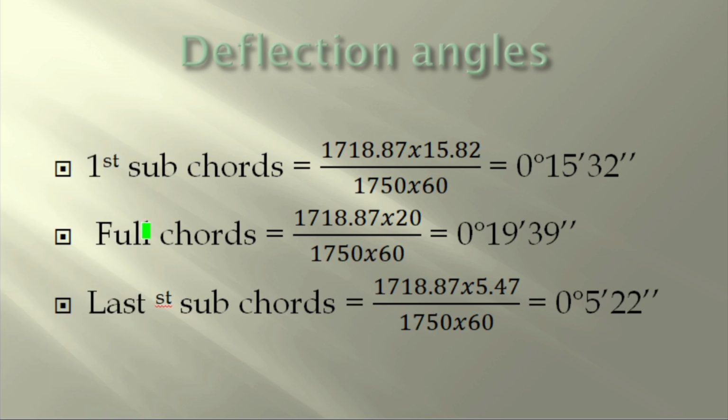The deflection angle for the first subchord is equal to 1718.87 multiplied by C1 over R, that is 1750, multiplied by 60. That's a little conversion. Our deflection angle will be 1532. The same is done for the full chord, here we have 20, and then for the last subchord, here we have 5.47. So this is our answer. These are all the deflection angles: the first, the full, and the last subchord.